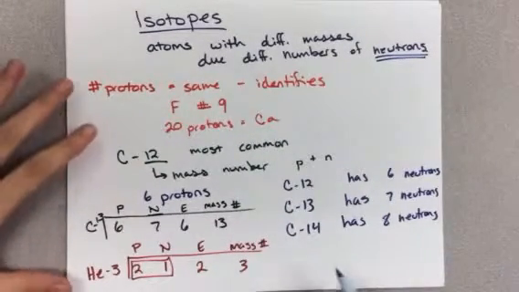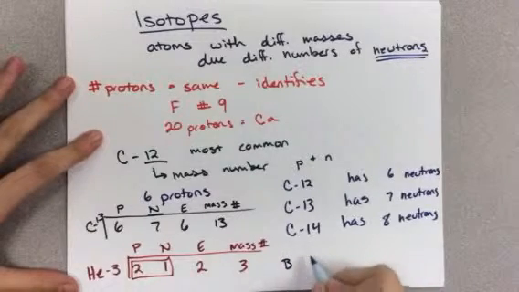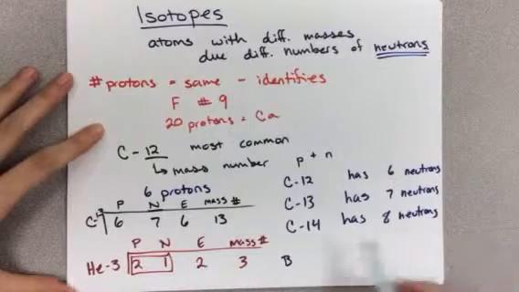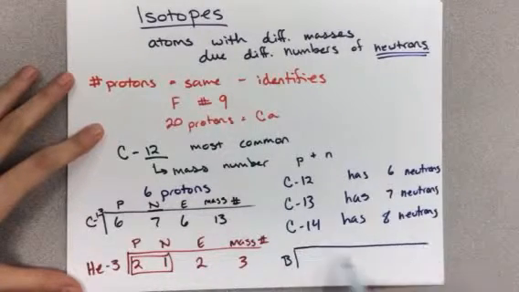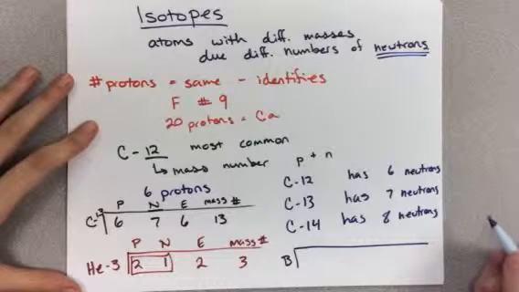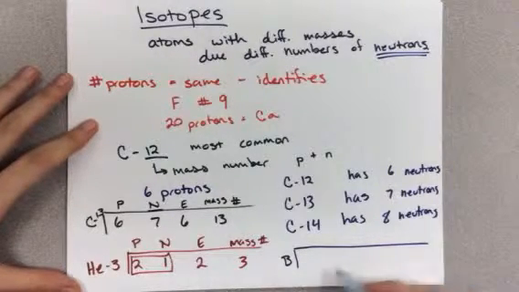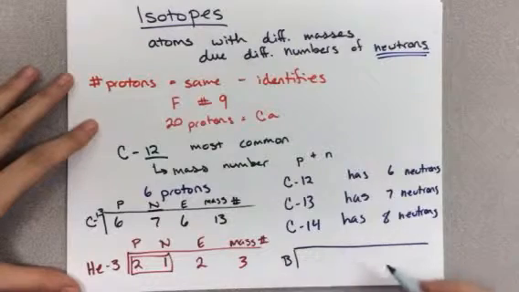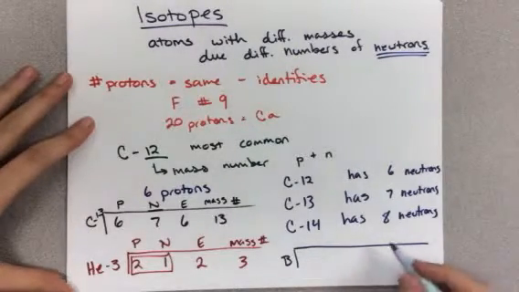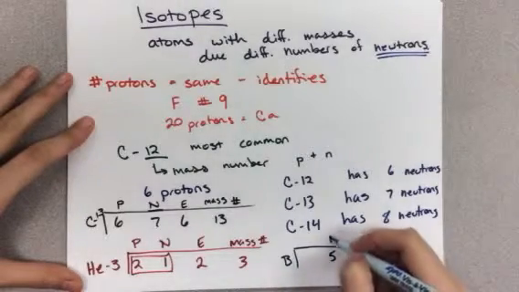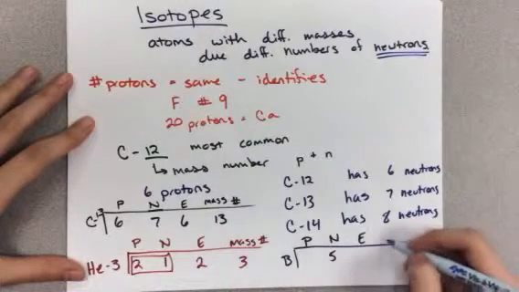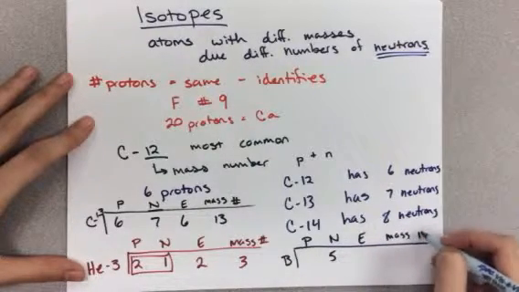Let's do one final example with boron. Now I'm not going to tell you what the isotope is, what its mass number is, but I will give you some piece of information in order for you to find out the rest. I will tell you that this boron has, let's say, 5 neutrons. You have to give me the number of protons, number of electrons, and the mass number.